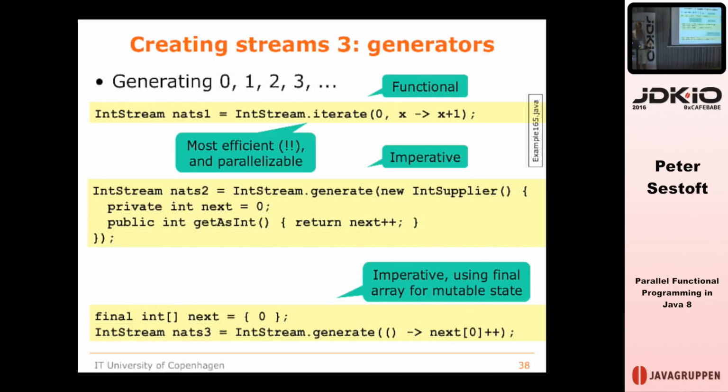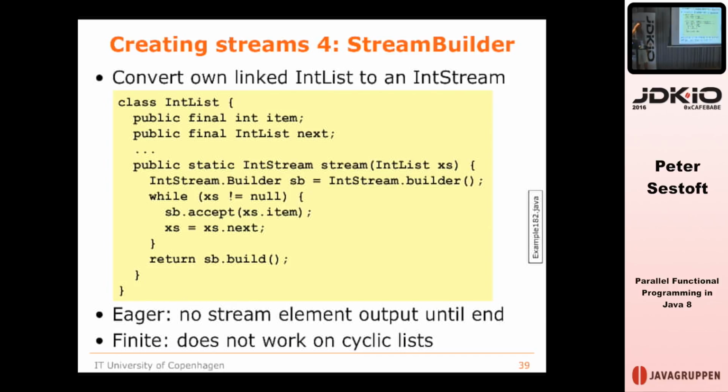The stream builder is a way of creating finite streams up front. So we might have a class int list or our list from before, list of t, and I want to turn that into an int stream. And we can do that by giving it a stream method, or static method here, that takes an int list and returns an int stream using a stream builder.